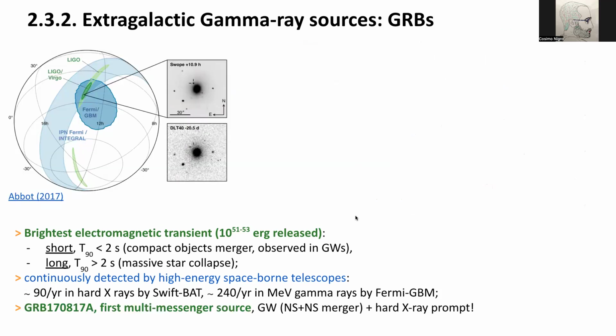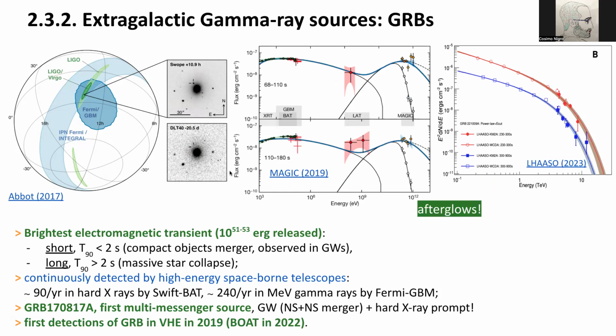Nonetheless, we had very significant discoveries in the last decade, because in 2017 we detected the first GRB in coincidence with a gravitational wave, the merging of two neutron stars. And then we also started to detect the brightest GRBs at very high energy.